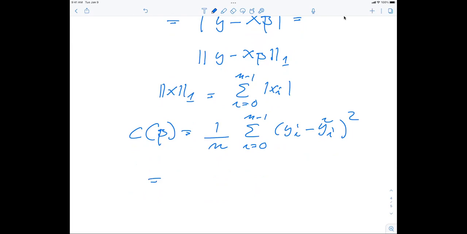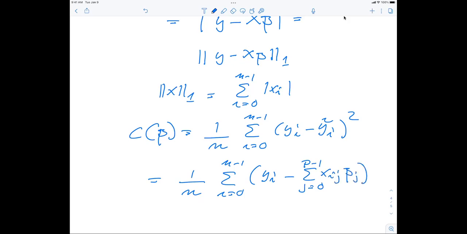Then I can rewrite this as 1 over n, the sum from i equals 0 to n minus 1, and now I plug in the model which I have. So the sum over j from 0 to p minus 1 of x_ij times beta_j, squared. This is nothing but a specific row in my design matrix multiplied with a column vector beta.